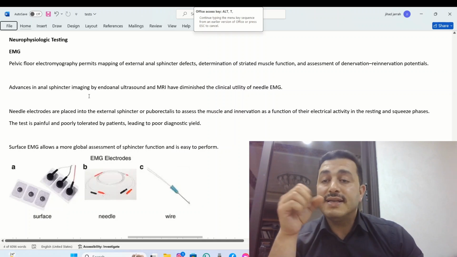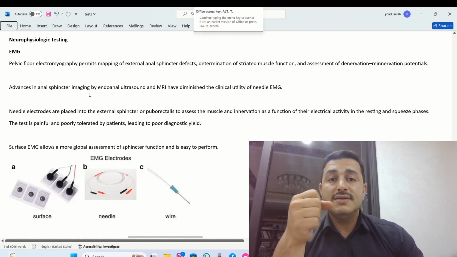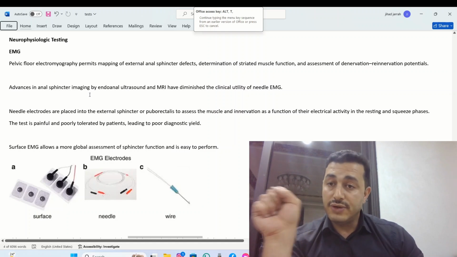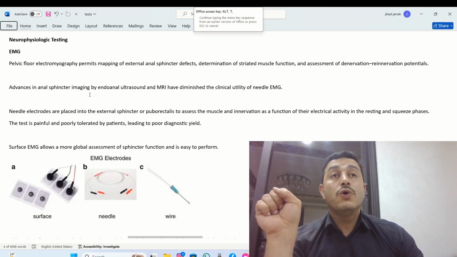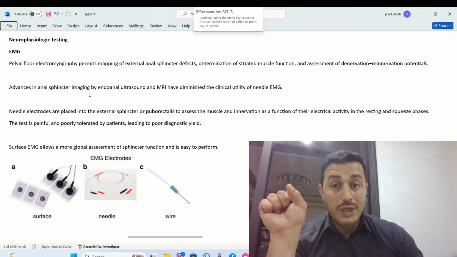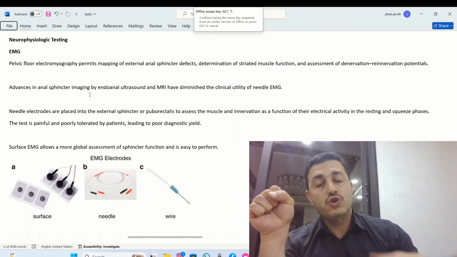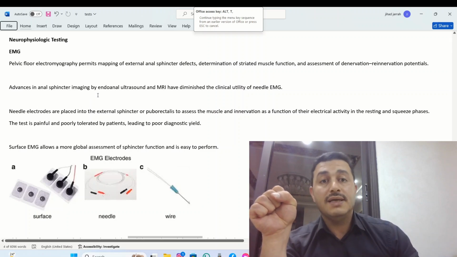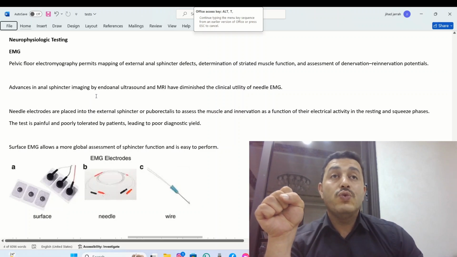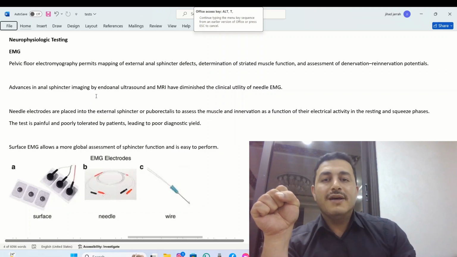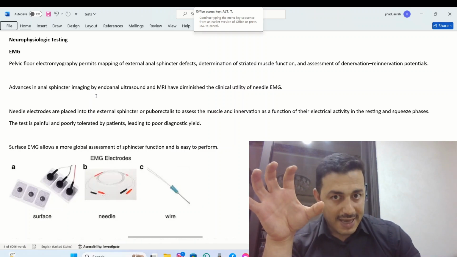The external anal sphincter is in a state of tonic contraction, and at rest it is contracted. We can ask the patient to squeeze more, and it will show more electrical activity. And when we ask the patient to defecate or to push, it should relax.